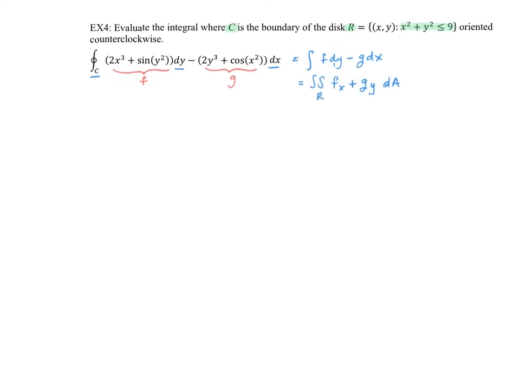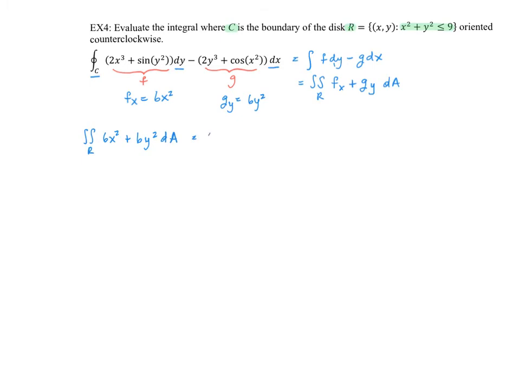So let's compute the partial of f with respect to x, since my f is already given there. That's going to be 6x squared. And the partial derivative of g with respect to y is 6y squared. My double integral over my region is 6x squared plus 6y squared dA.